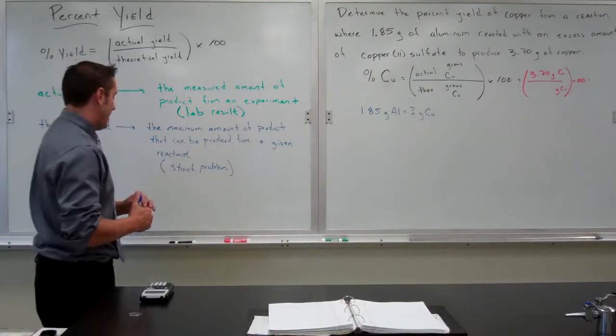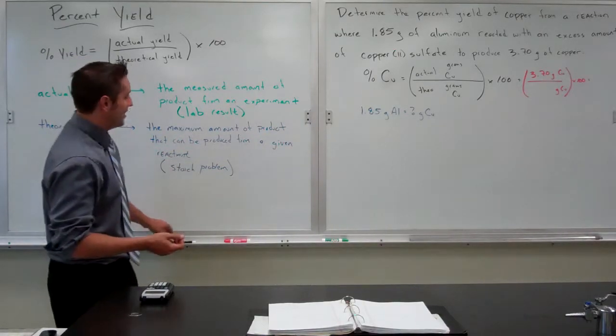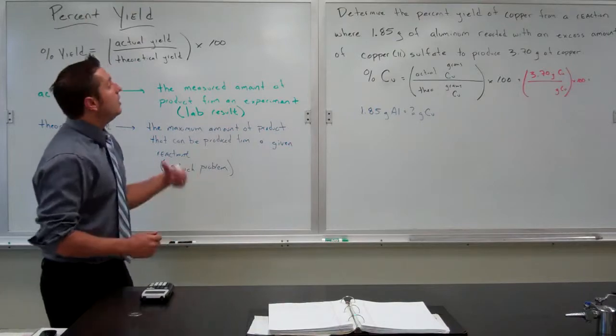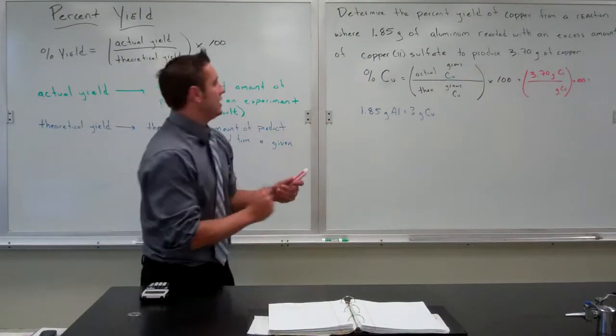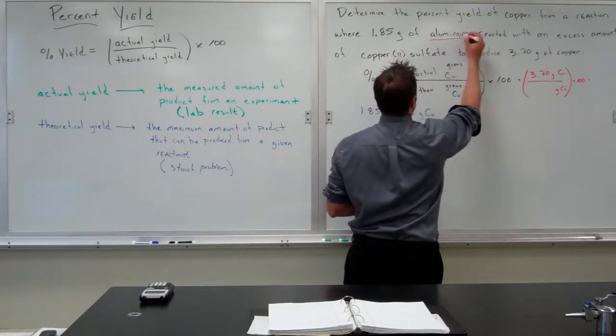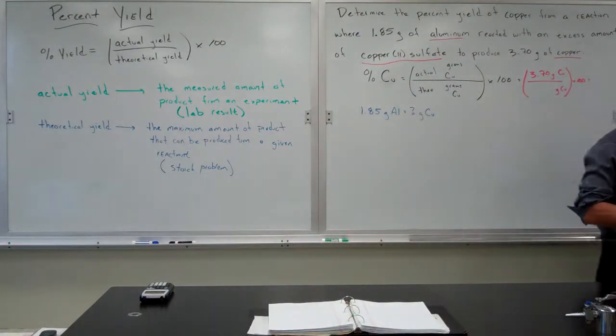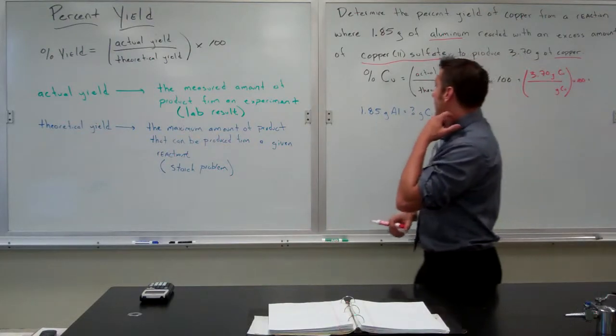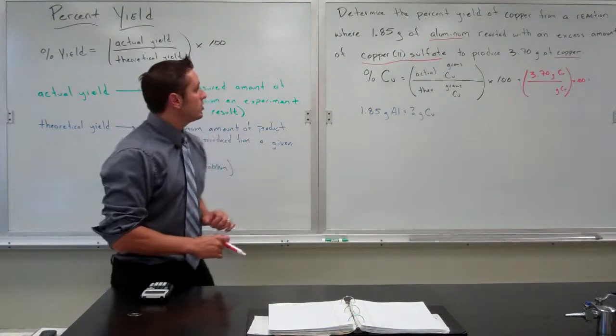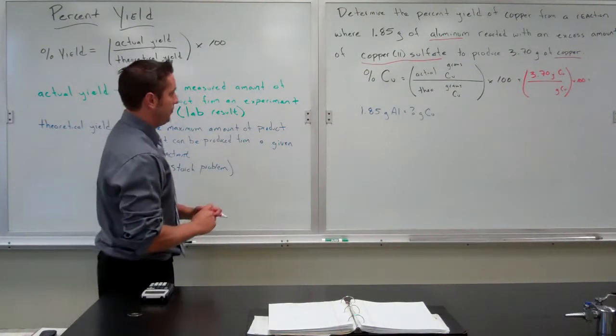So I have a question there, but now I need to figure out what is my chemical reaction. So we go up into the problem, and just like always, I underline things that look like they belong in a chemical equation. I see aluminum, I see copper 2 sulfate, I see copper. Right?